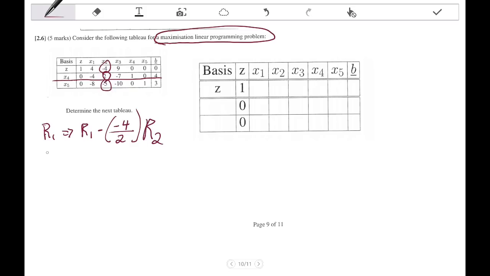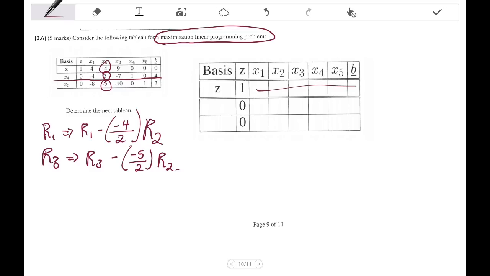For the last one, R3 turns to R3 minus open bracket, that's -5, divided by 2, multiplied by R2, the pivot row. Then after that, you do the row operation.